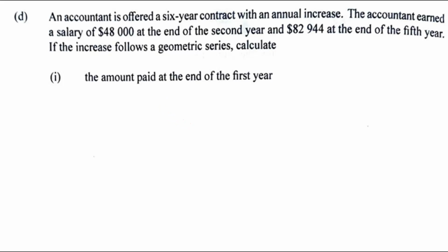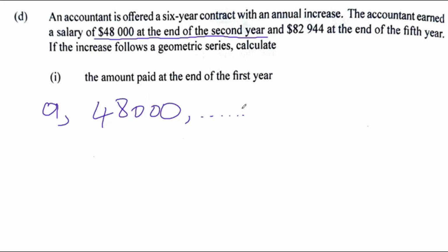So at the end of the first year, we don't know what the amount was. So the first year would be the first term. Let's call the first term A. At the end of the second year is 48,000. So the second term is 48,000, and so on. So it's a geometric series.